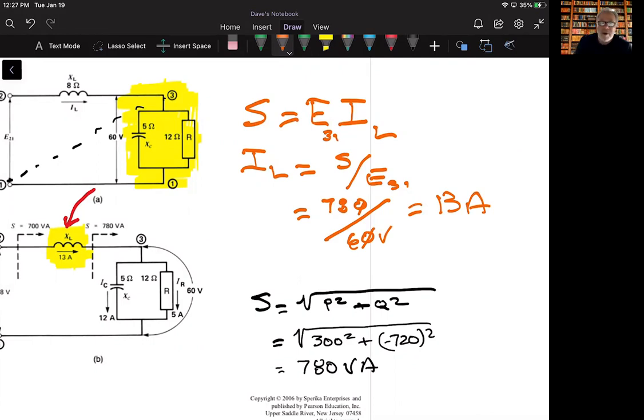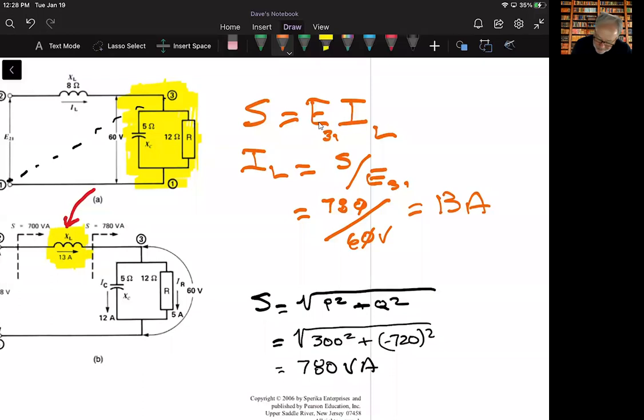I didn't have to do any phasor relationships or go back and forth between rectangular and phasor methods. I just reasoned it out using the power triangle.